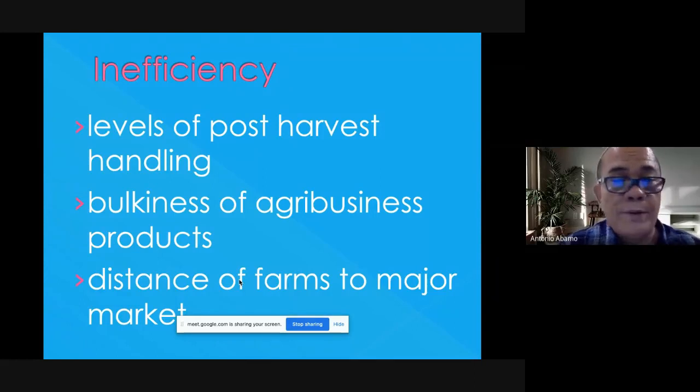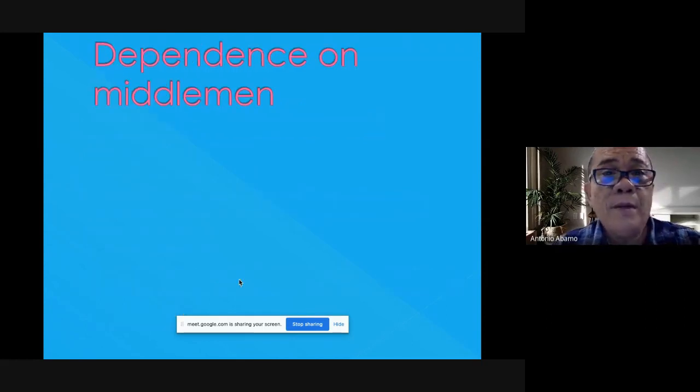The middleman will bring the product there, and it provides the connectivity between the seller and the buyer. Now, what about this dependence on middlemen? You can count on your fingers any particular agribusiness product that does not depend on middlemen. Halos lahat, kuanjud sa middlemen.